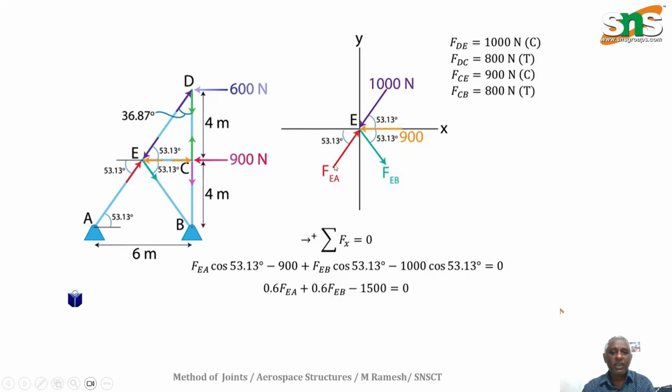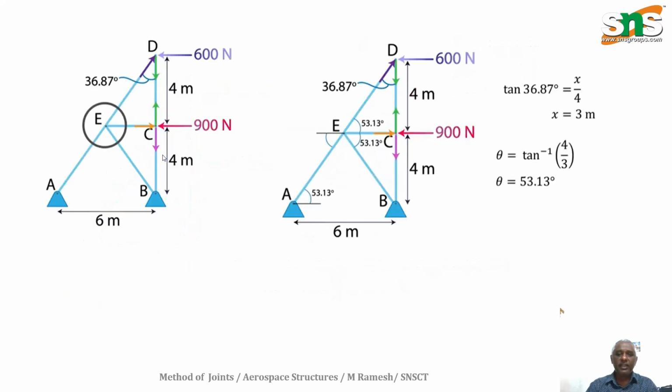Now I want to find the angle of inclination, but initially it is not available. We have to find how to find this angle. This angle is not a known value. But we know the right angle triangle. If you take the full right angle triangle, it is 8 meter, this is 6 meter, and this is 36.87 degree.